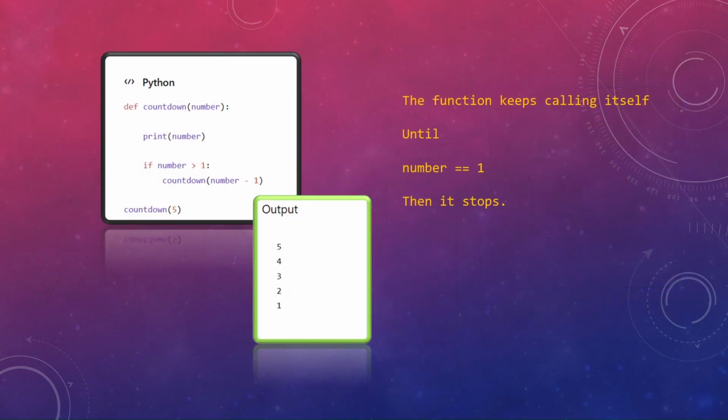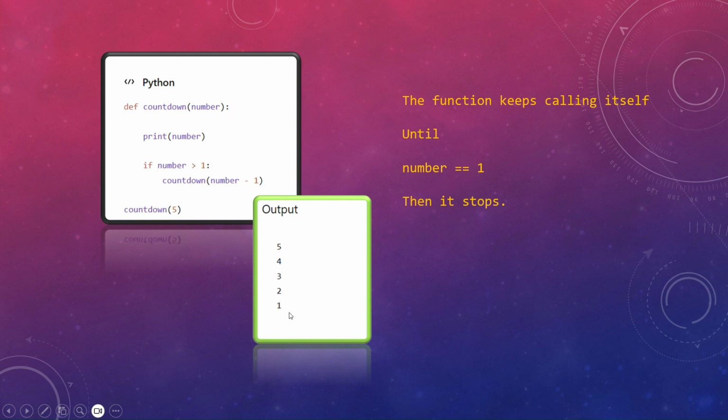Next, here is one more example. If you see countdown(number), this is the function definition, but within the function itself, if number is greater than 1, we call countdown(number - 1). That means we are calling it again and again, to print 5, 4, 3, 2, 1.